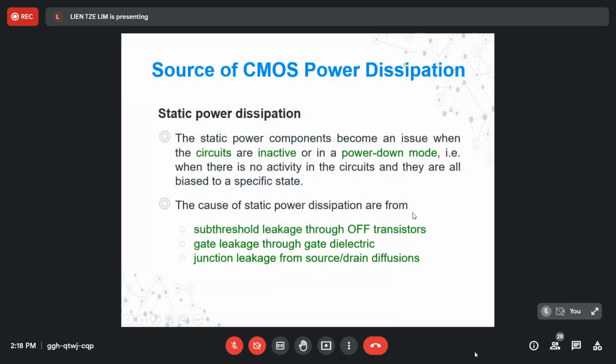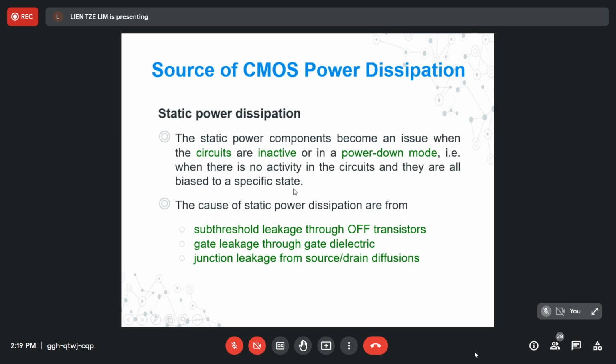Now I will first cover static power dissipations. Static power dissipation becomes an issue when the circuit is inactive or in a power down mode. That is when there is no activity in the circuit and everything is biased to a specific state.